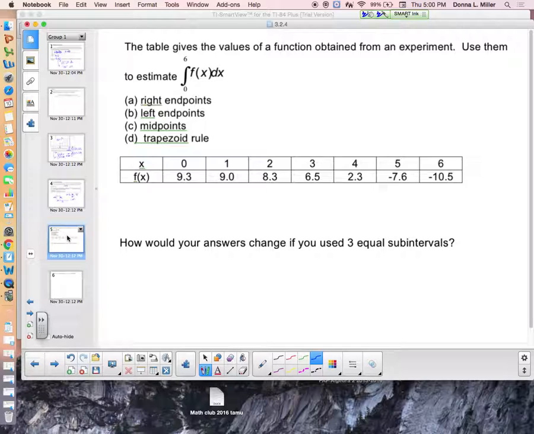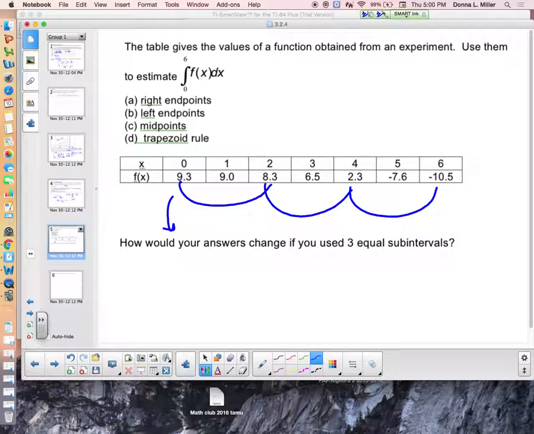Since we've done this for several days, I'm going to go ahead and let you guys do this problem. How would my answer change if I use 3 equal subintervals? Well, if I use 3, instead of going from 0 to 2, I'm going to go from 0 to 2, 2 to 4, and 4 to 6, right?